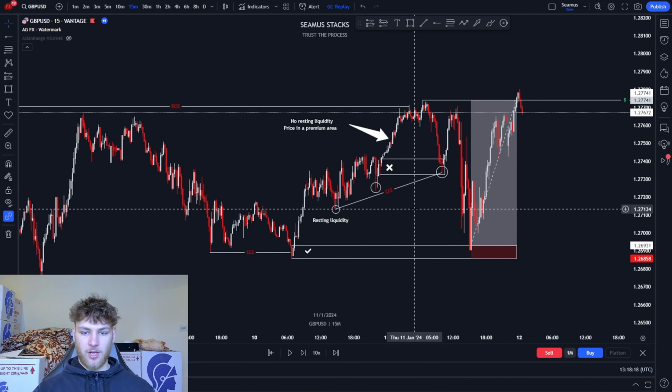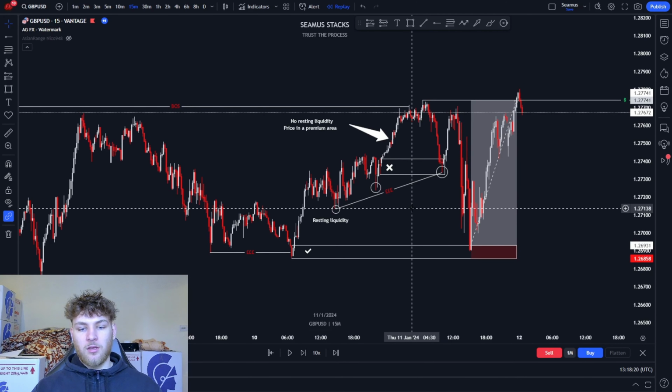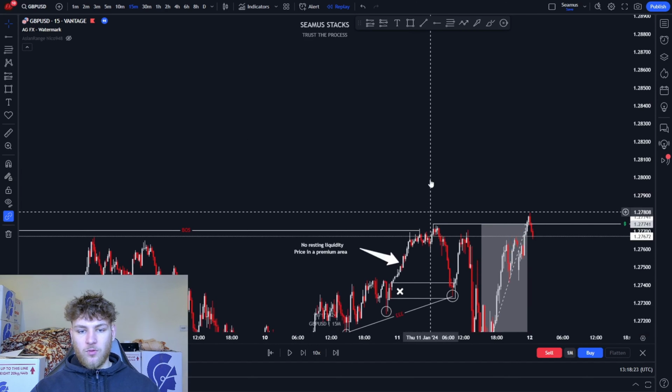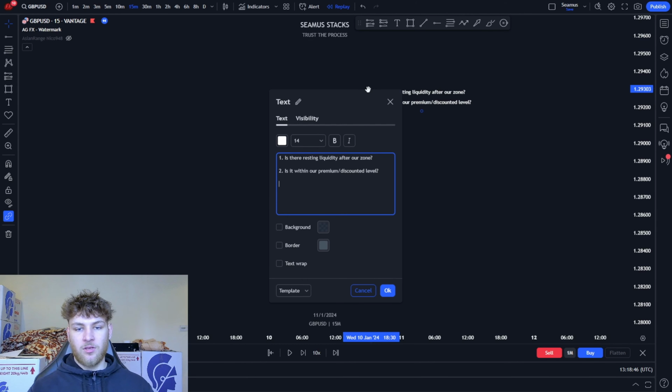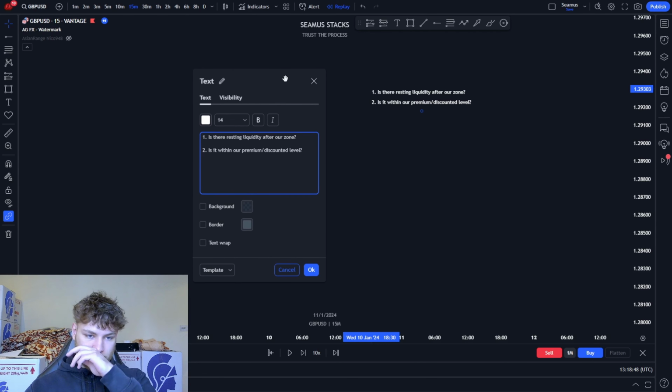It's very simple, guys. So to quickly summarize, what are we looking for? Well, one, we want to notice, is there resting liquidity after our zone? Okay, and that's what we're looking for. Two, is it within our premium or discounted level? Okay, so that's the second confluence that we want.